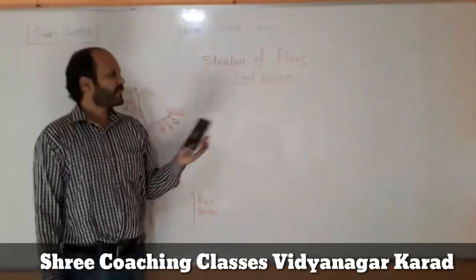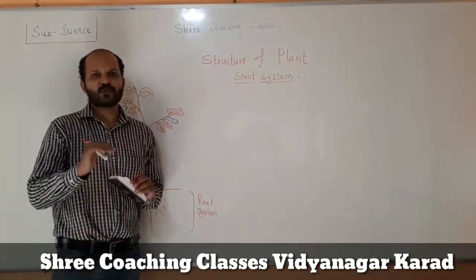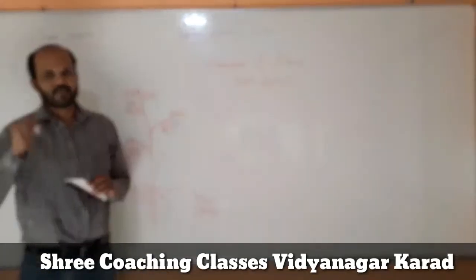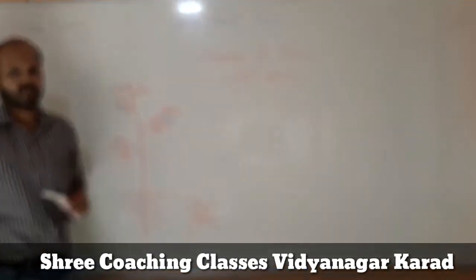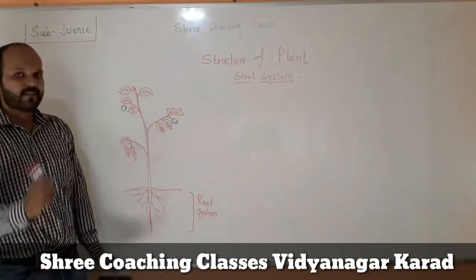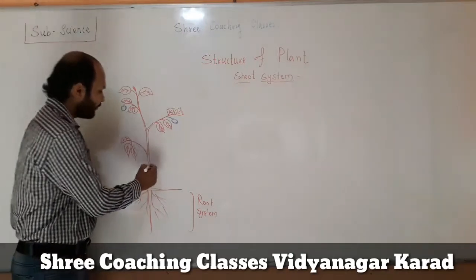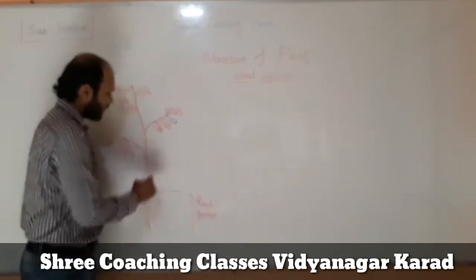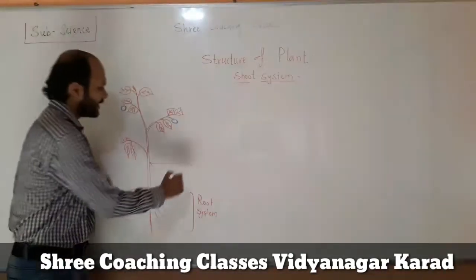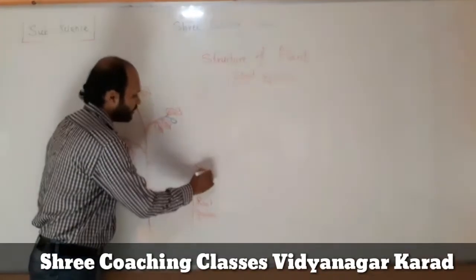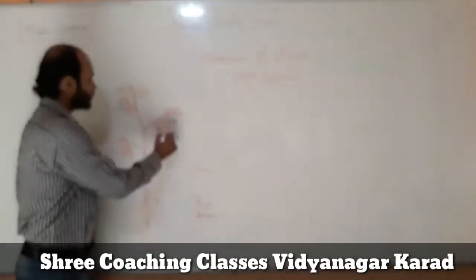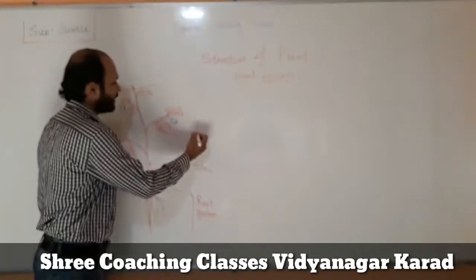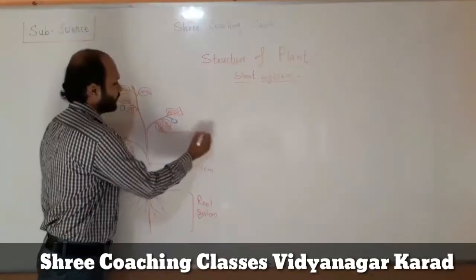Our next point is the shoot system. This shoot system is present above the ground, that means this system is positively phototropic, and it has different parts. We will see them one by one. It is a stem. Then this shoot system or stem contains the leaf.